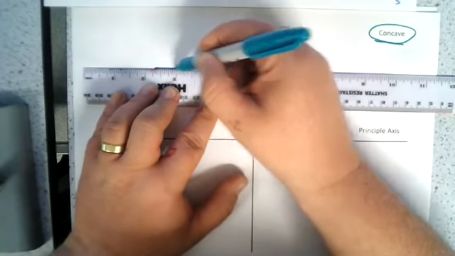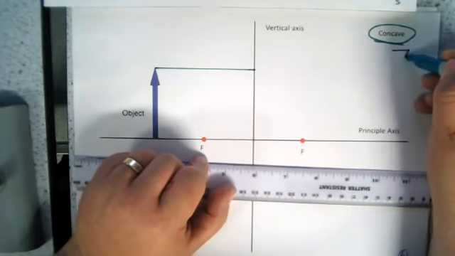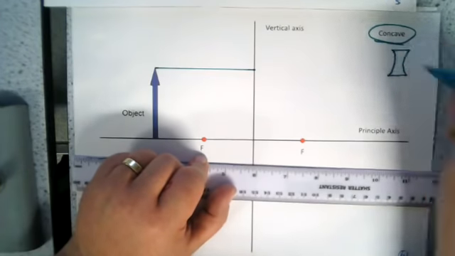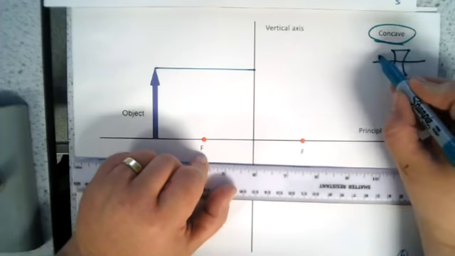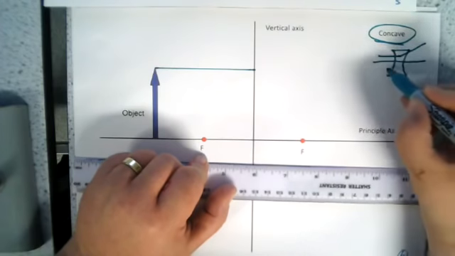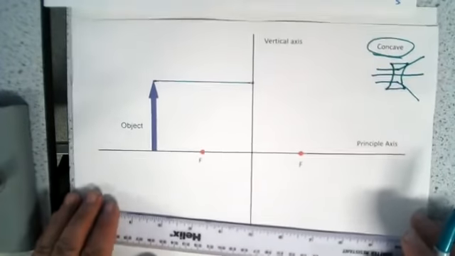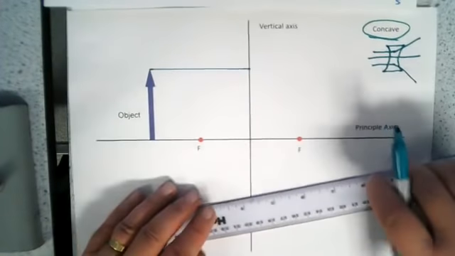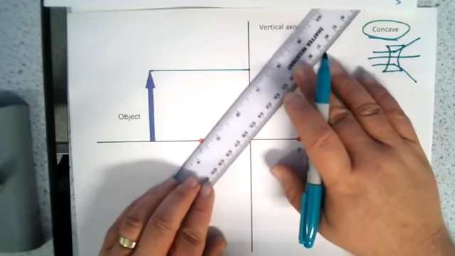I'm just going to remind you, it's this shape. And this causes, when light hits the center, it goes straight through. When it hits here, it diffracts up. When it hits here, it diffracts down. So we need to know how to actually draw that. And what actually happens with this one is to understand how it diffracts.